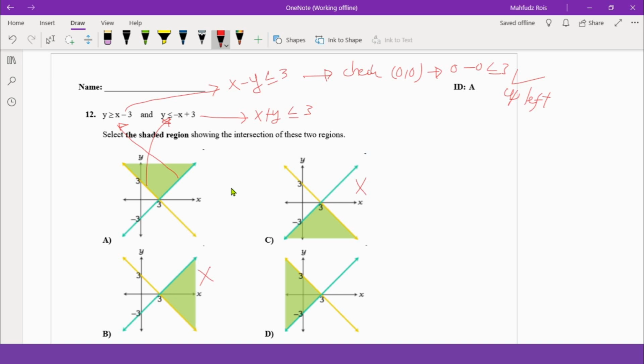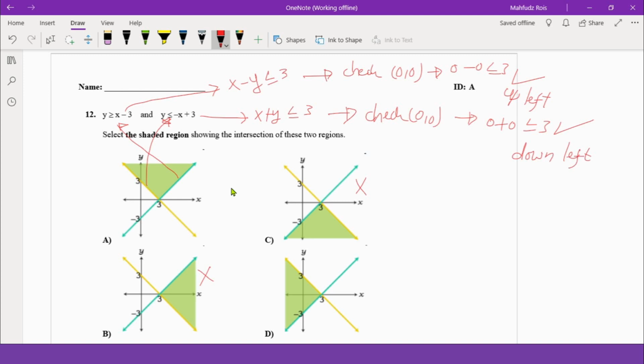How about if we check with (0, 0), 0 plus 0 less than 3? It's also true. So for this one, it should be down left.